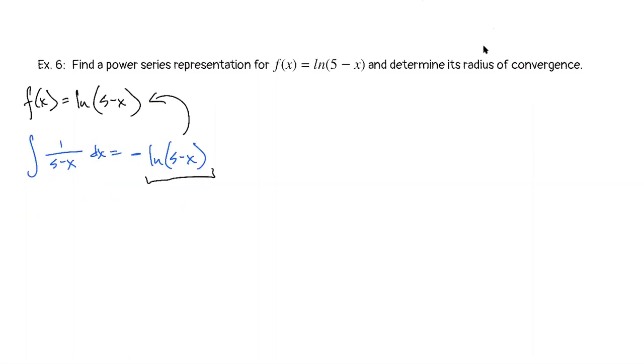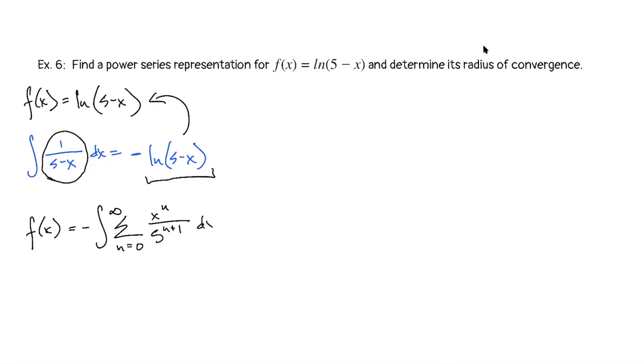Now, the nice thing is we already did this one today, 1 over 5 minus x. So what we can say is that our f of x is equal to the negative integral of the sum of what we got earlier. And I think we got that as x to the n over 5 to the n plus 1, okay?